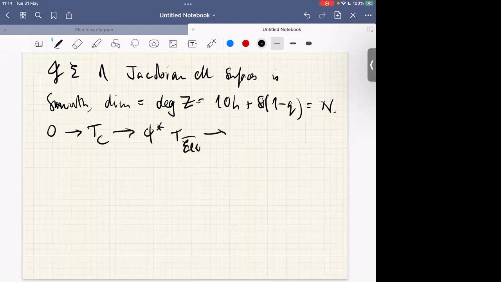This cokernel is the tangent space to the stack at the point X, naturally a line bundle.